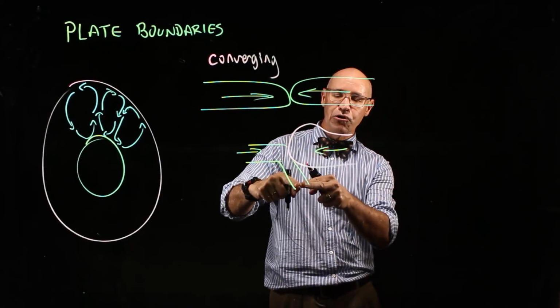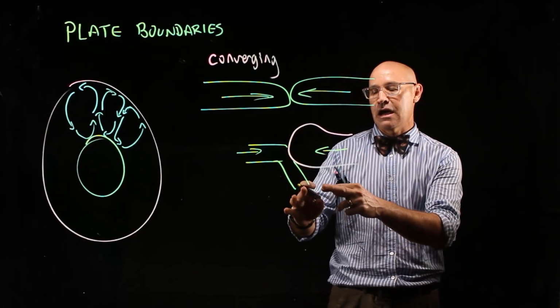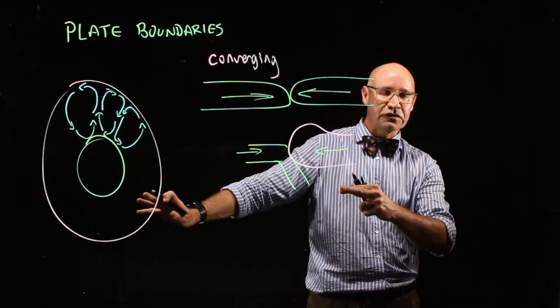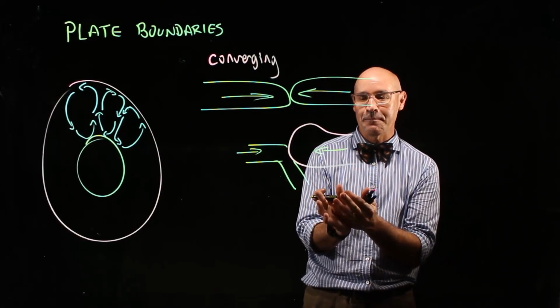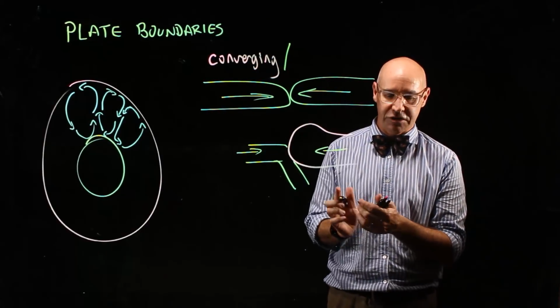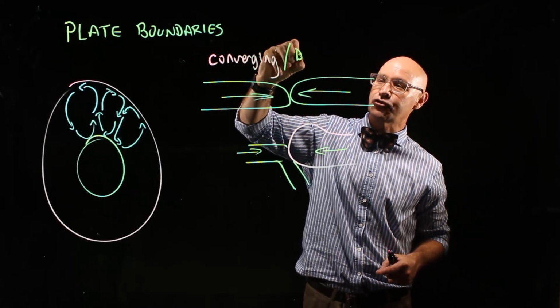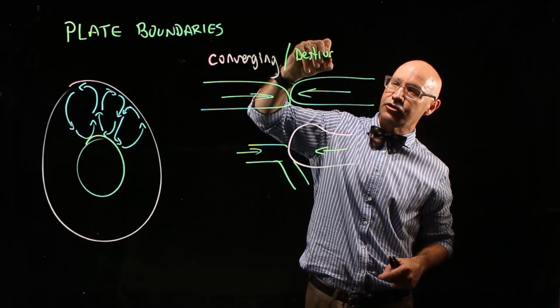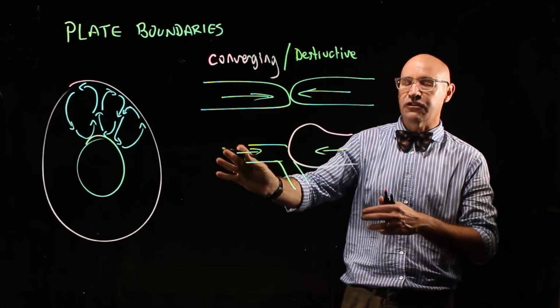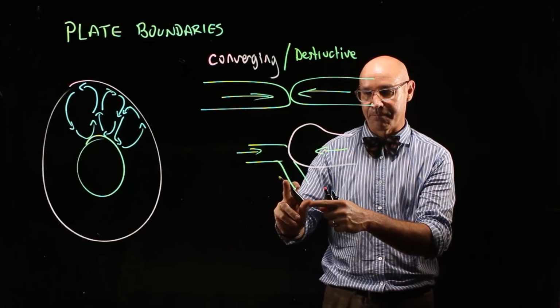So we're actually losing this material here. It's going to melt and become magma. So for that reason, we also call a converging plate boundary a destructive boundary, because we're destroying the crust of the Earth.